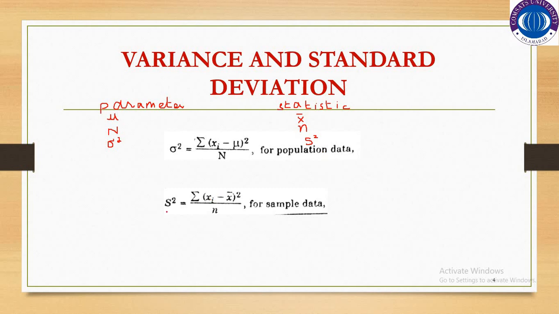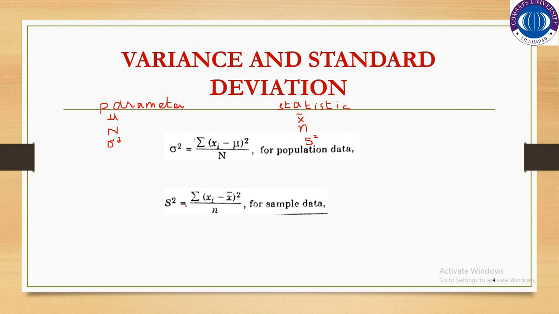And if you are discussing the sample, this would be S square is equal to summation x minus x bar, whole square, over n, which is small n. Remember that this one is the parameter and this one is the statistic. Both of these are for the ungrouped data. We usually deal with the sample, so we concentrate on this formula.